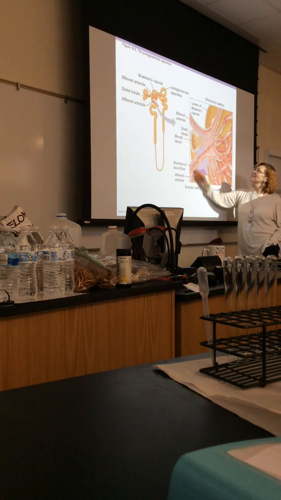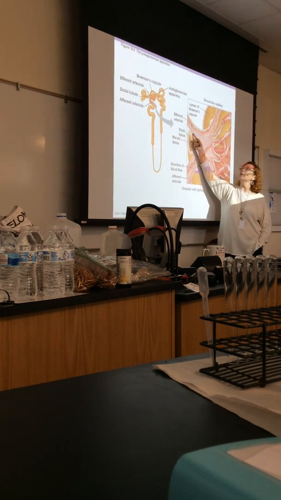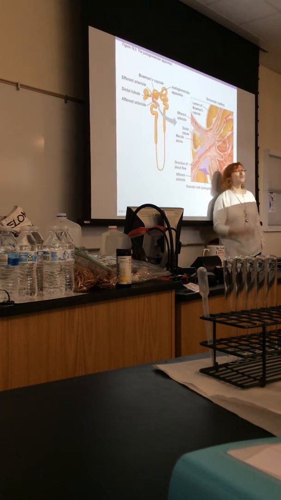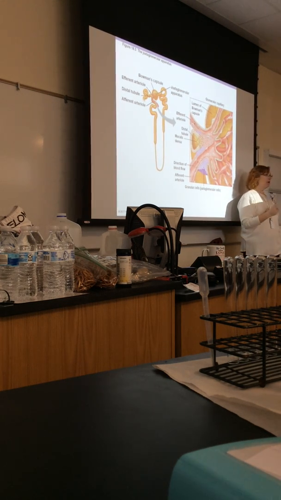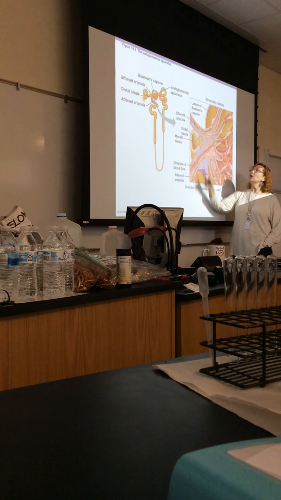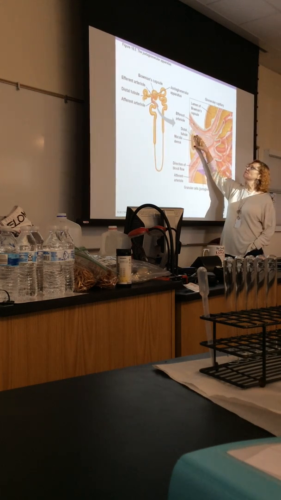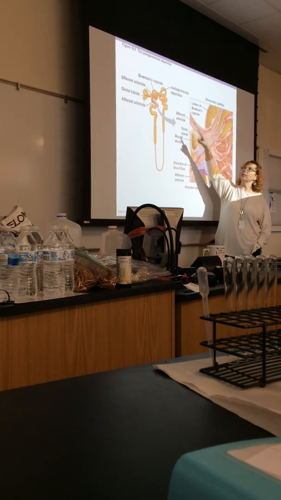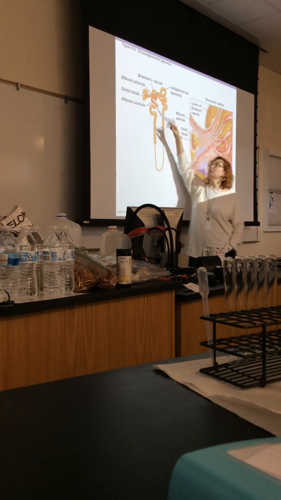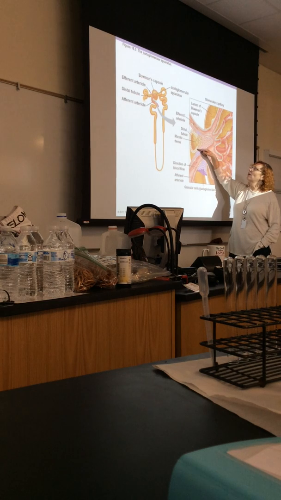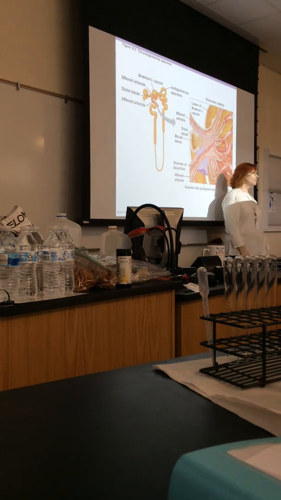Here's a segment of my distal convoluted tubule, and it runs right up next to my Bowman's capsule. There are special cells in that region of the distal convoluted tubule, only where it's up against Bowman's capsule, that are called macula densa cells.